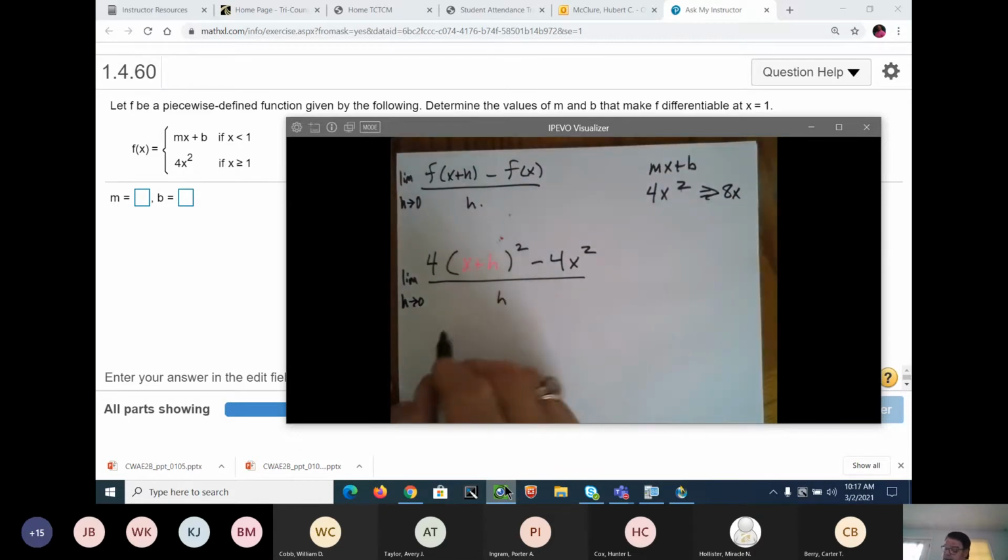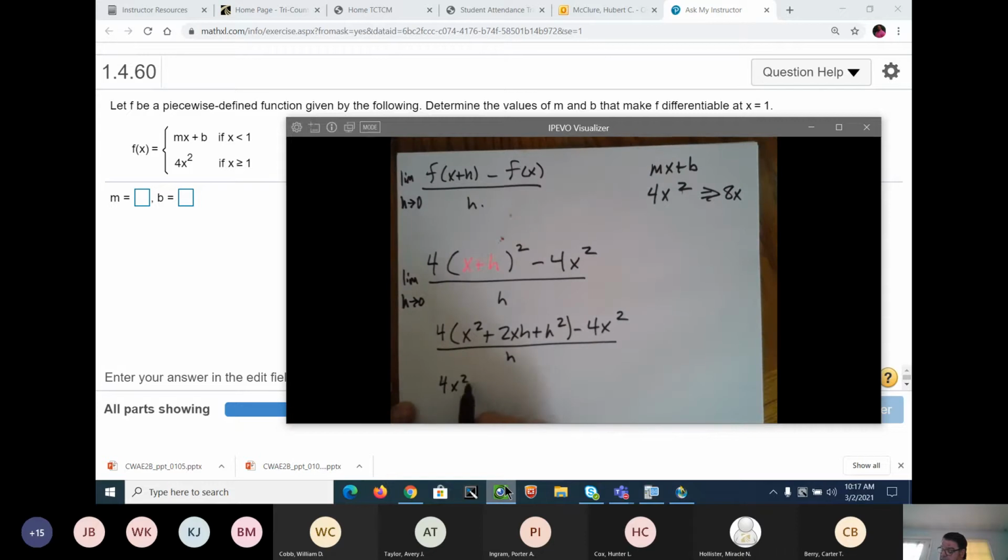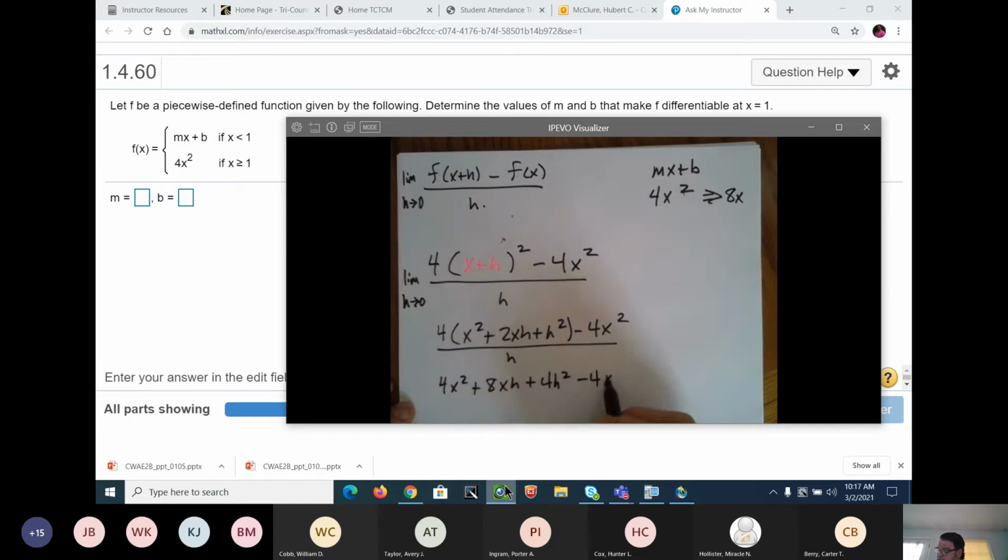So here we go. 4 times x squared plus 2xh plus h squared, minus 4x squared, over h. That's going to be 4x squared plus 8xh plus 4h squared minus 4x squared over h.